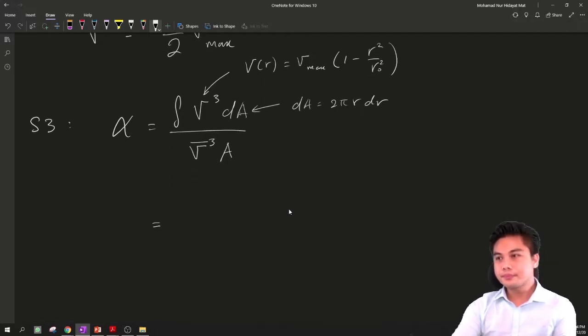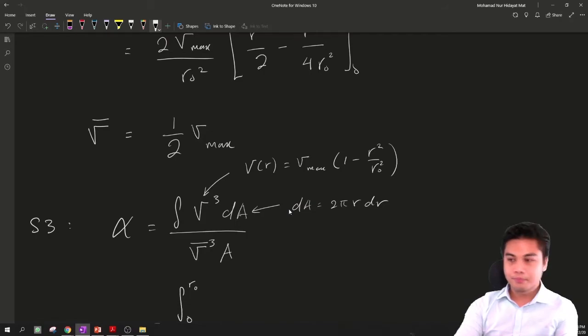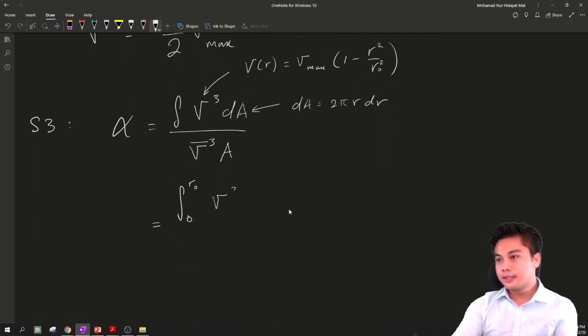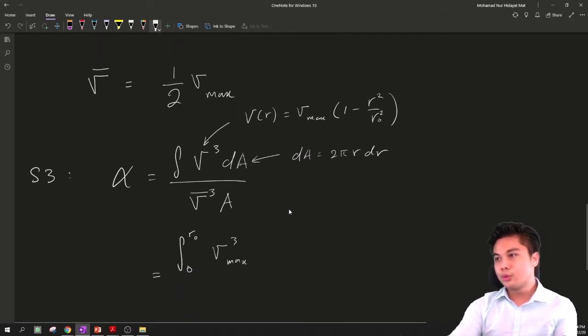So the integration from 0 to R naught, V cubed is referred to here. V cubed is V max cubed. We try to solve this one.